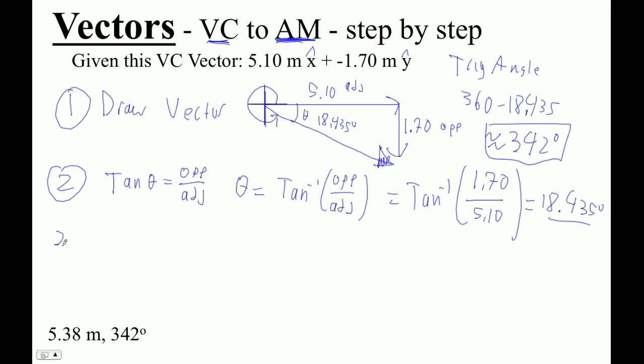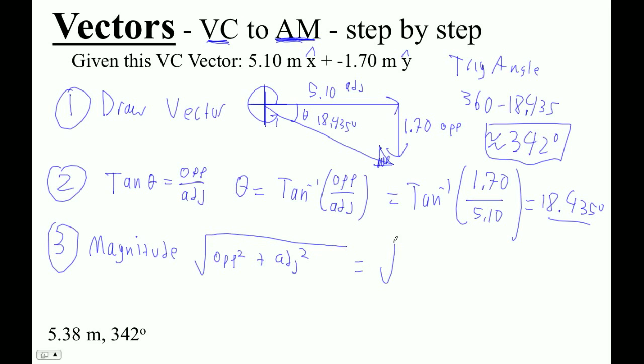Okay, and then the last thing is we want to find the magnitude. Magnitude is just a big word for how big the vector is. That's the length of the hypotenuse, right? So that's simply going to be the square root of the opposite side squared plus the adjacent side squared, right? So that's going to be the square root of 5.1 squared plus 1.7 squared.